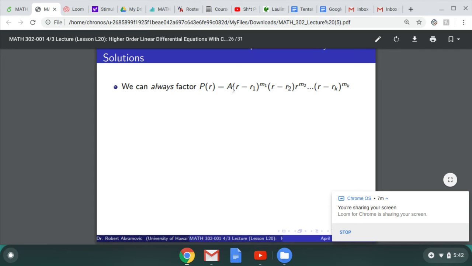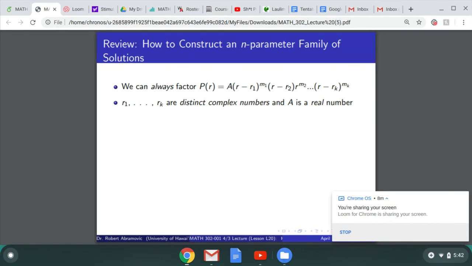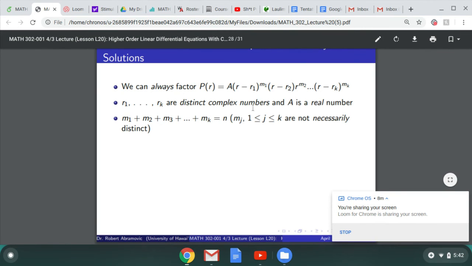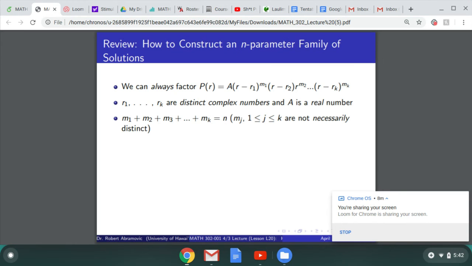You can factor it as a real number a times r minus r1 to the m1, r minus r2 to the m2, times and so on up to r minus rk to the mk. r1 through rk are distinct complex numbers, and a is a real number. And these powers, the multiplicities, will always add up to the degree of the characteristic polynomial. Now these multiplicities are not necessarily distinct. Some of them could repeat.